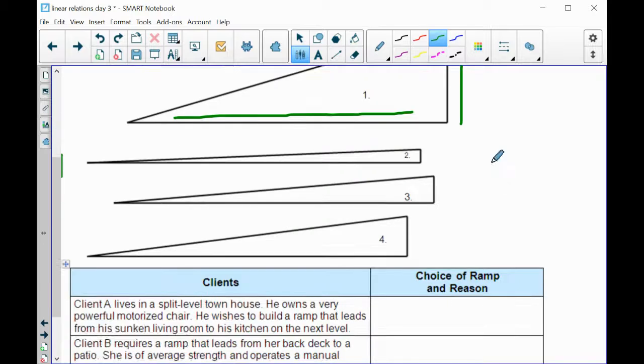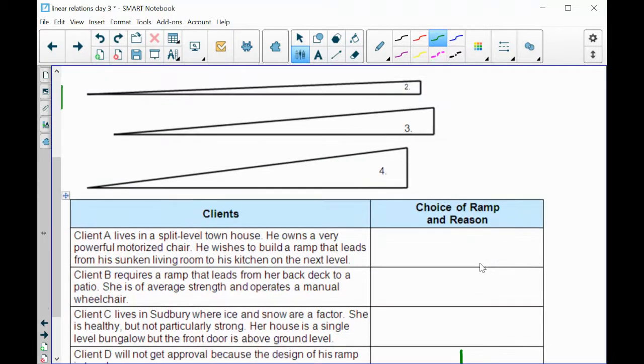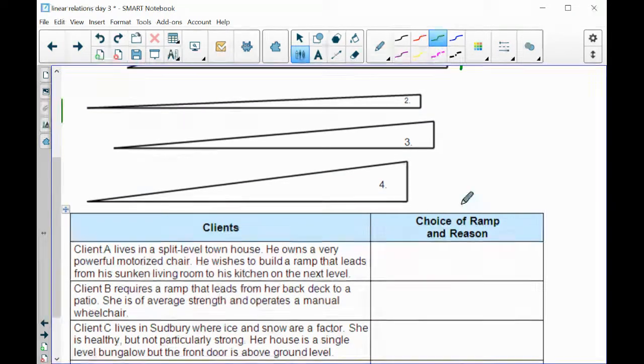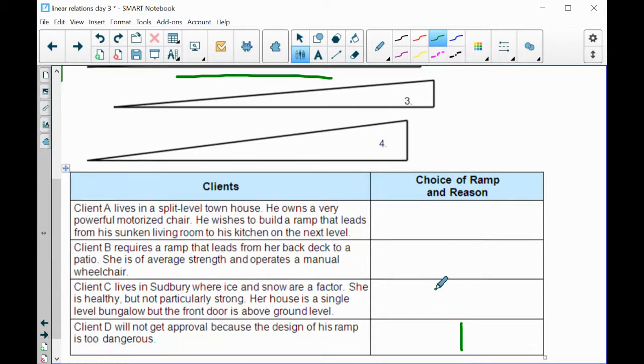So we're going to say that client D has ramp 1. We're going to say that client C is going to have the most run, so the longest horizontal distance, for the shortest rise because of all that ice and snow being a factor. So we're going to say that ramp 2 is going to go for client C.